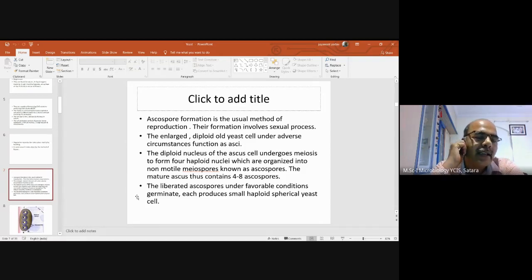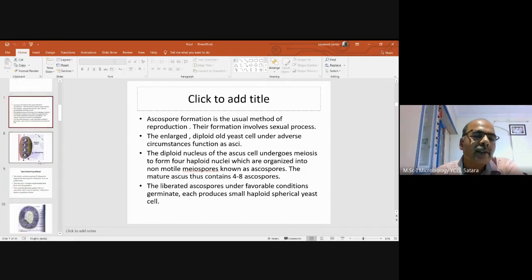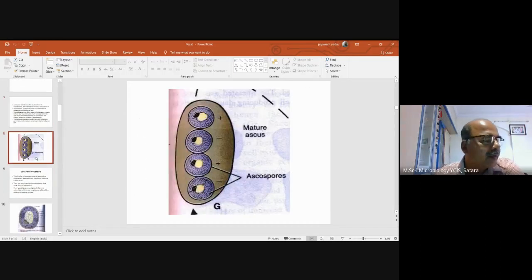Here and in the next slide, it is shown schematically or diagrammatically. Ascospore formation is the usual method of reproduction, and their formation involves a sexual process, and these enlarged diploid old yeast cells under adverse circumstances function as an ascus.